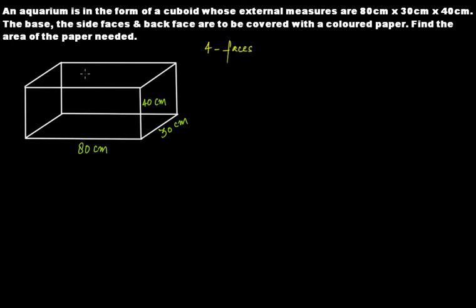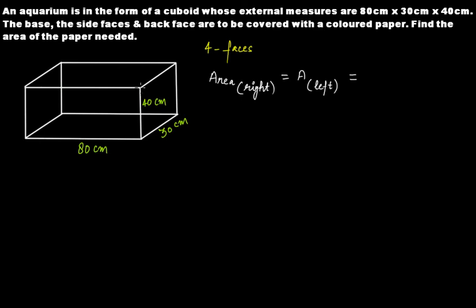Now we know that the area of the right face will be equal to the area of the left face because they are exactly identical. It means that if we calculate the area of 1 and then multiply it with 2, that will work. Okay, let me first calculate for 1.